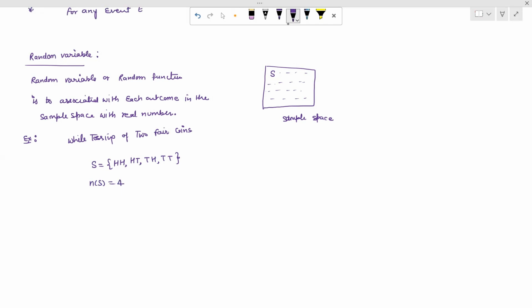Now, how to write the random variable? For writing the random variable, we first give the nomenclature, that means the name of the function.